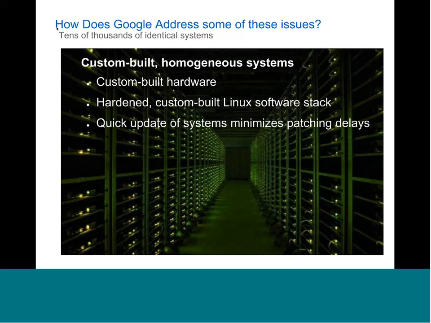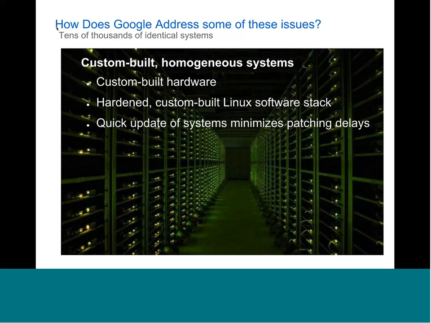And so between our custom hardware and our custom software, we really do have a reduced security threat surface area, if you will. There's fewer vulnerabilities because there's less code that's been written, and we don't have any unnecessary code or unnecessary hardware in our infrastructure.